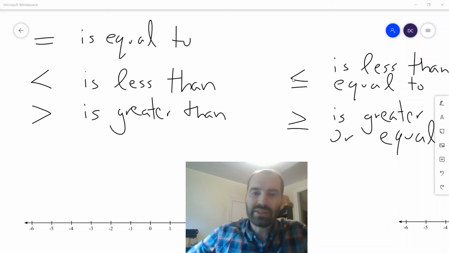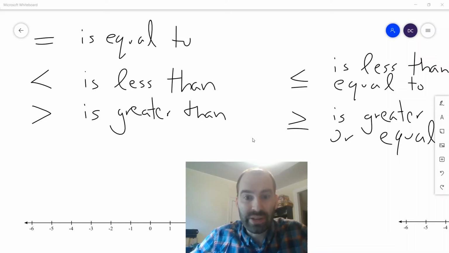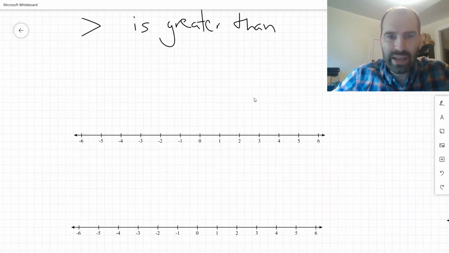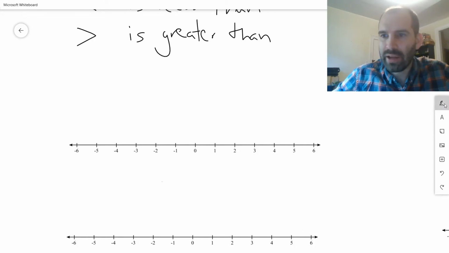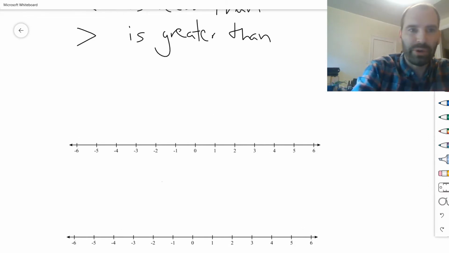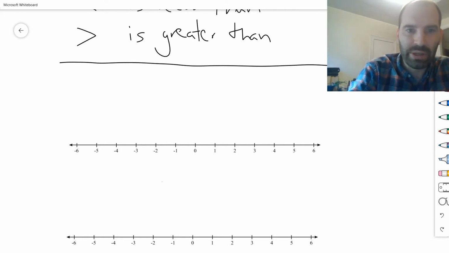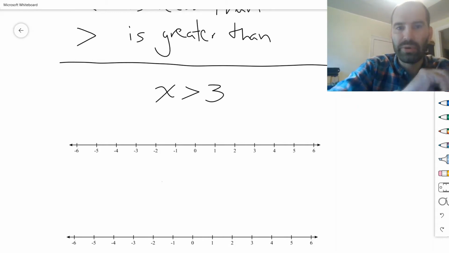Okay, so let's go down and look at some examples. Here we go. Let's take a number line. We'll draw a picture on this number line after we write this down. I'm going to start with an inequality, and my inequality is x is greater than 3.